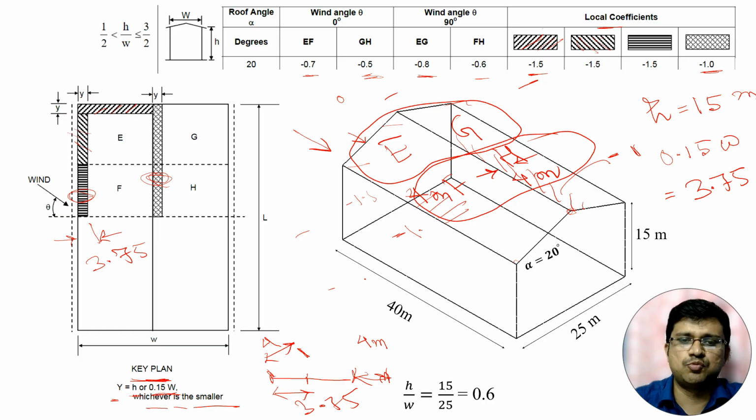And one thing more, this particular table of CP is actually independent of L. L may be any length. So the code has not specified how much will be this and how much will be this. Normally the suction is more for Eg. Always the suction will be more in this particular zone. So normally while doing the design, we will consider the suction value of Eg, not FH, because the suction value of Eg will always be more than FH.